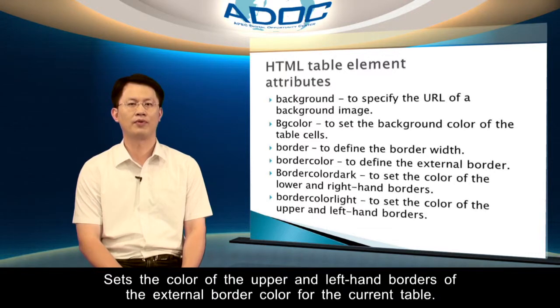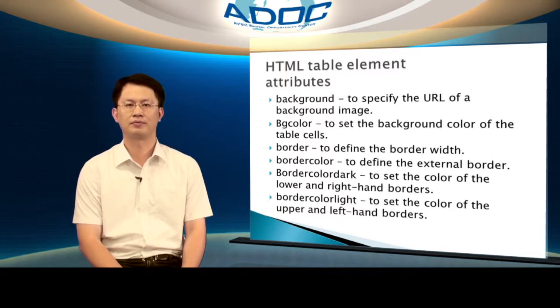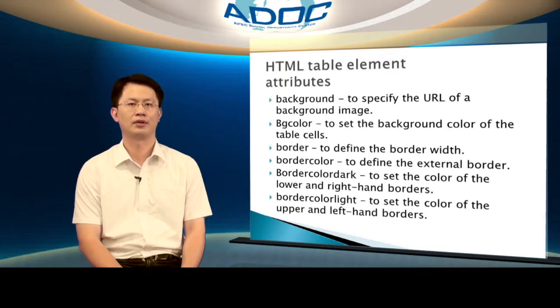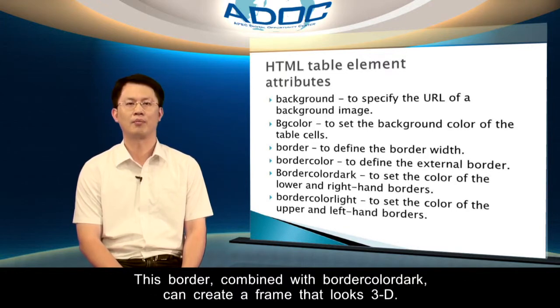Set the color of the upper and left-hand borders of the external border color for the current table. Set to an RGB triplet color value or a predefined color name. And this combined with bordercolordark can create a frame that looks 3D.